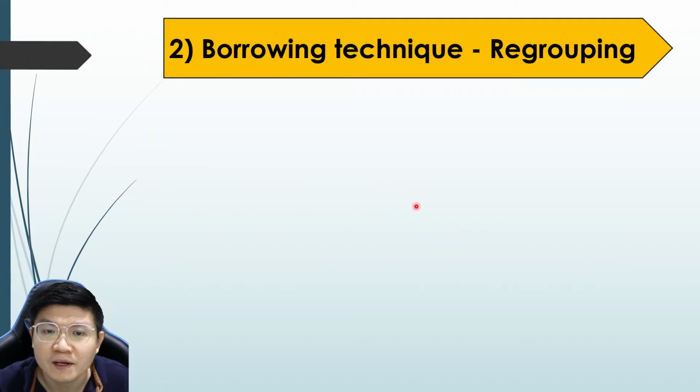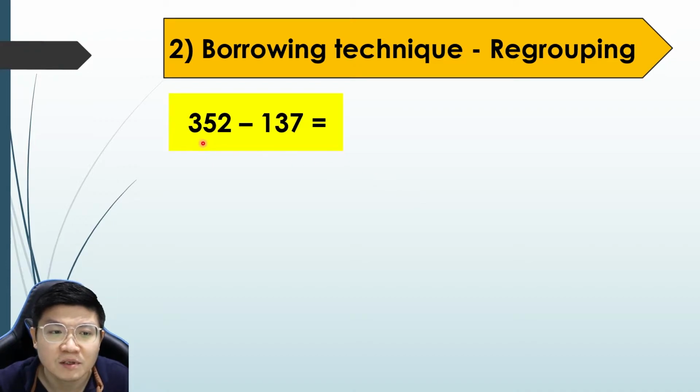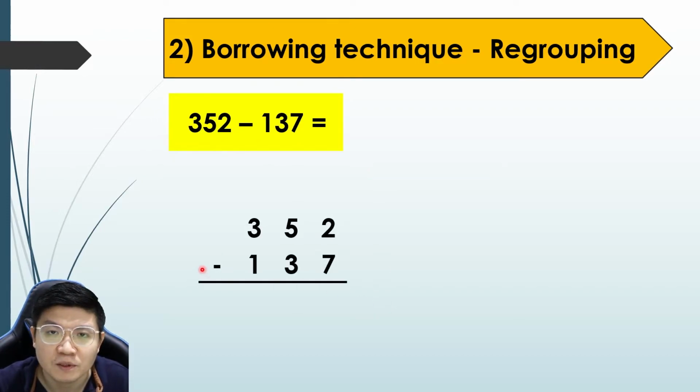Next, borrowing technique, regrouping. So this is a number sentence: 352 minus 137. First we have to arrange it in the proper standard form. Start from the place value of ones here. 2 minus 7 is not enough, so you need to borrow from the tens here, which is 5.